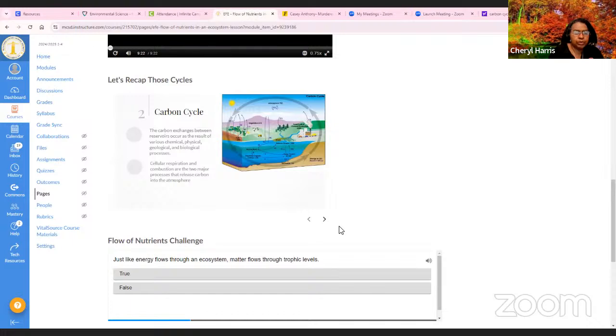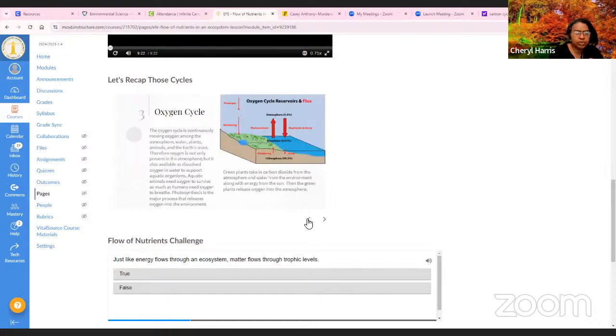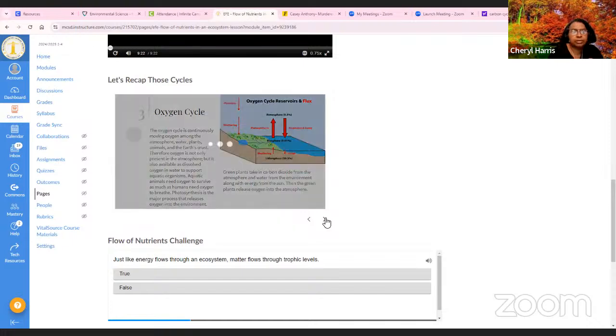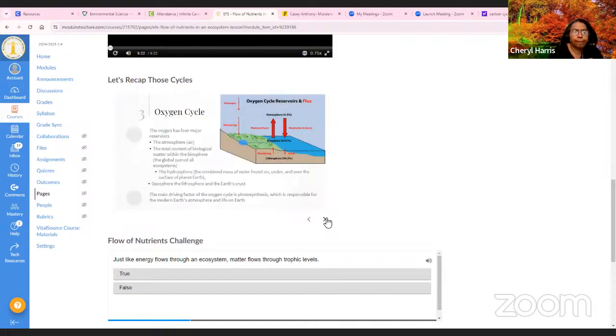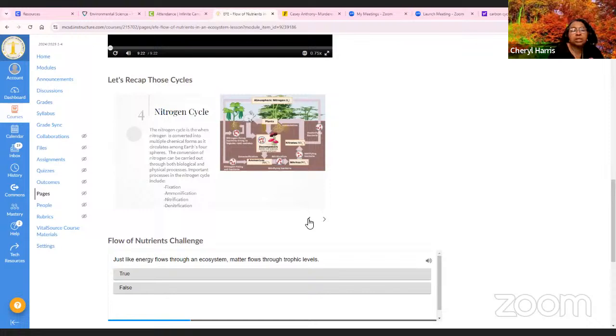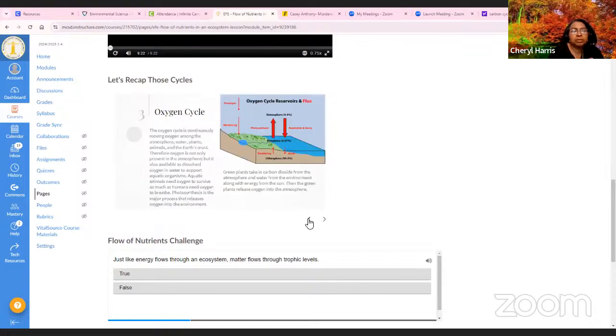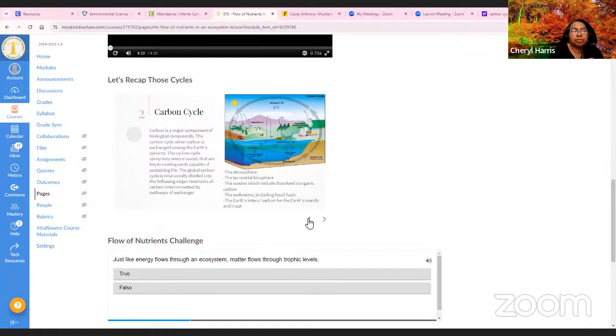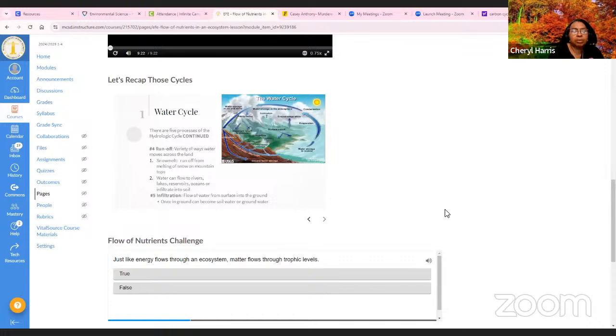And we'll do a review of them. And this one goes through the oxygen cycle. We didn't talk about that yet, but we will. But go through these slides in the few minutes that are left. And yes, just look at the water cycle and the carbon cycle. We'll do oxygen, nitrogen, and phosphorus on Wednesday.